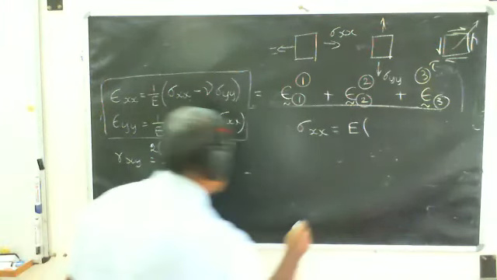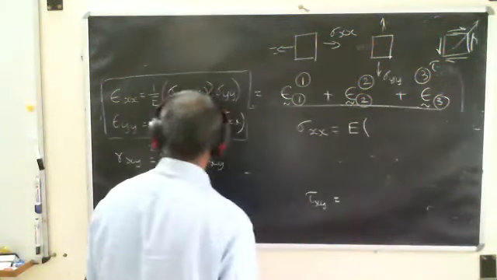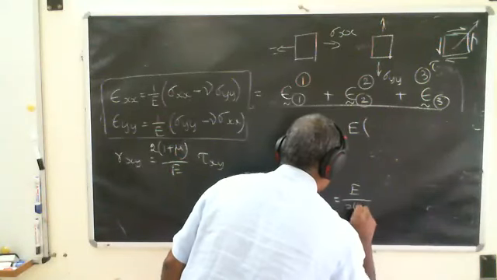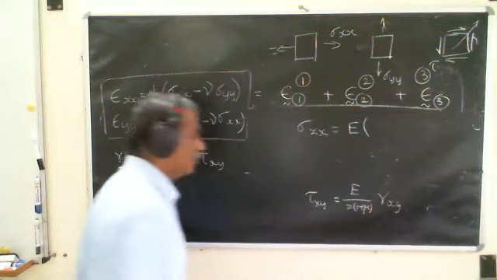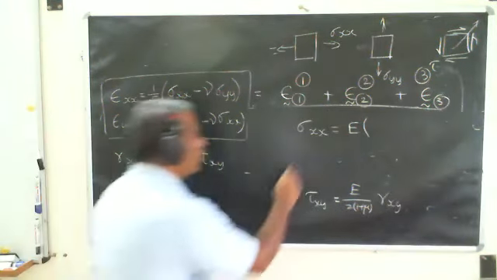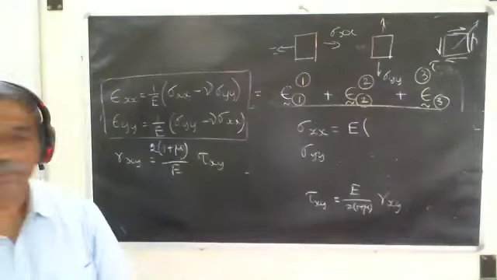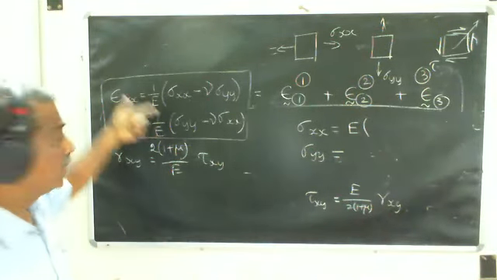I can just reverse it and write tau xy is equal to E by 2 into 1 plus nu times gamma xy. This is very simple. I need to now write for these two. If I do that, I have the inverse relationship available. And that's very simple for me. I just have to manipulate this and get it.